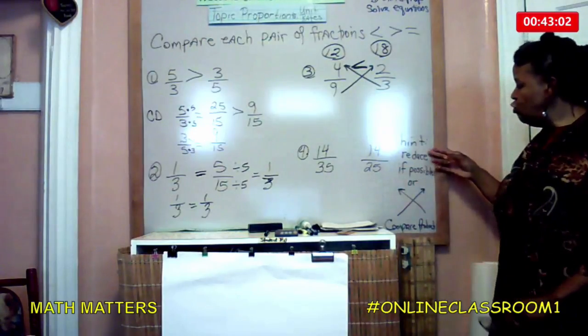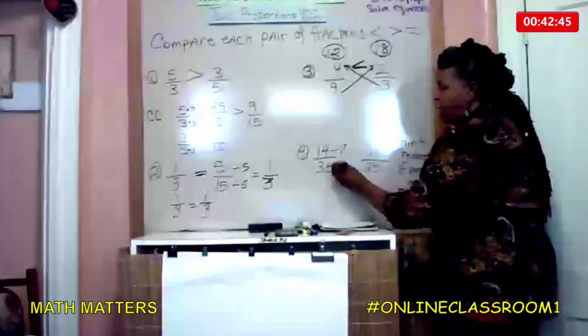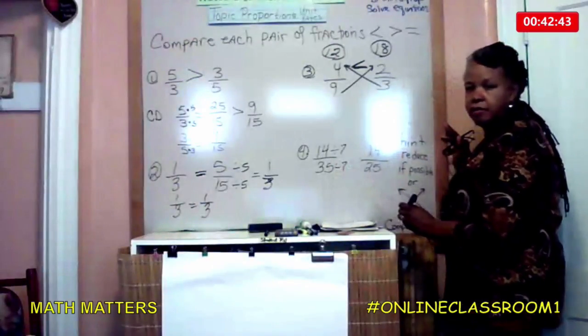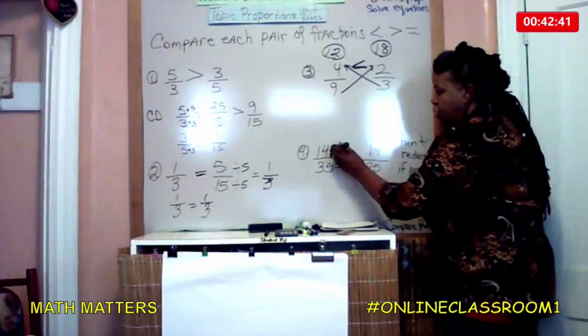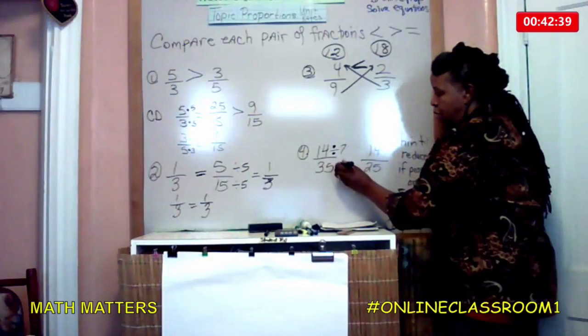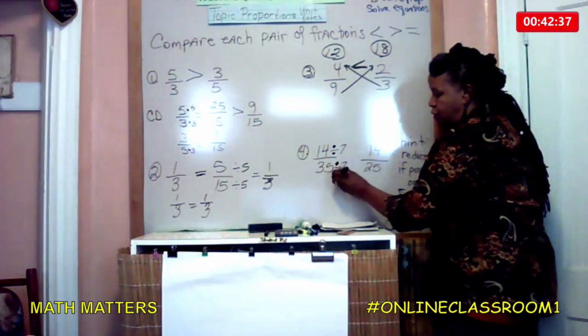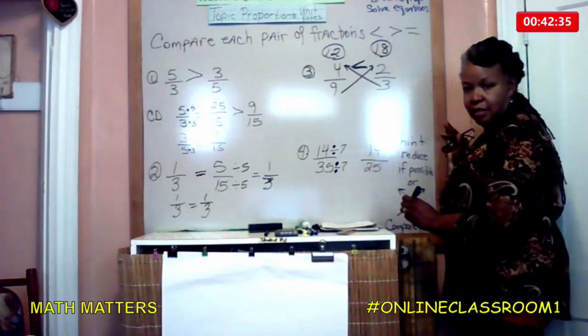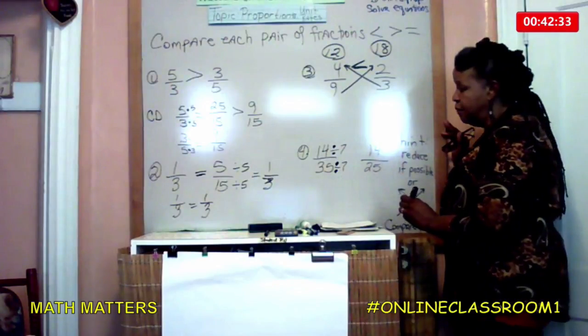And my hint is to divide 7 and divide 7. I also have to make sure my little division dots are clear and can be seen.